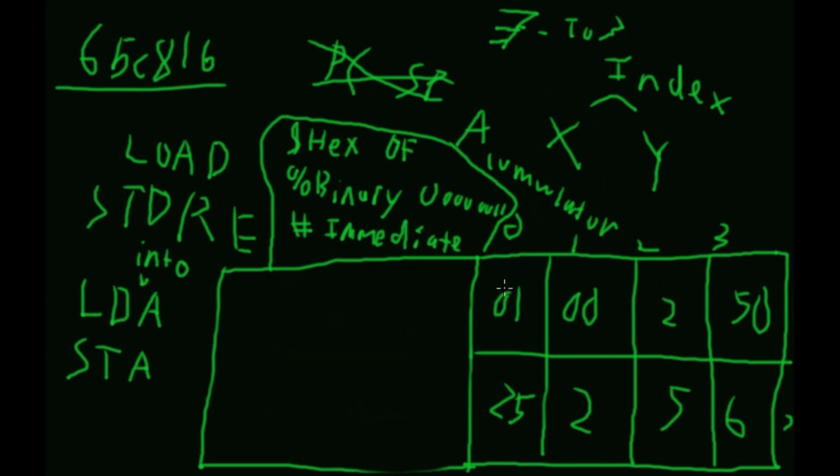Again, I'm going to assume we're in 8-bit mode here. I can just use STZ, which generally stands for store zero. So I'm going to point it to memory address 02, or since it's hexadecimal, 0x02. And now this 2 is going to become 0.